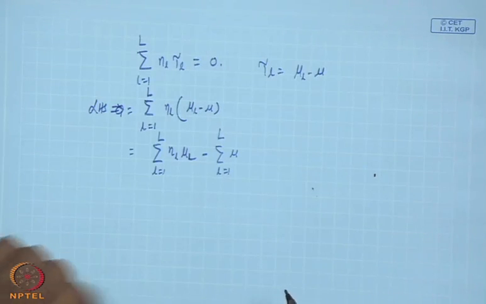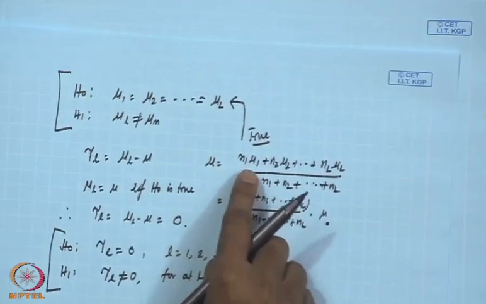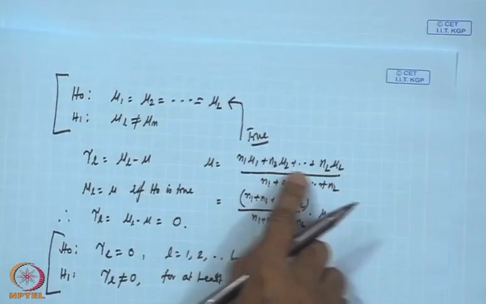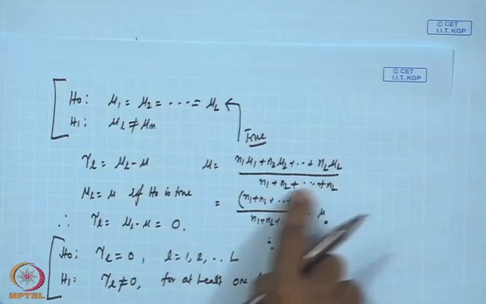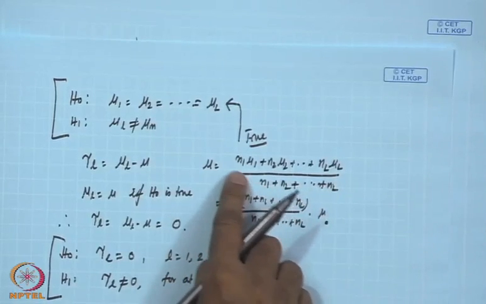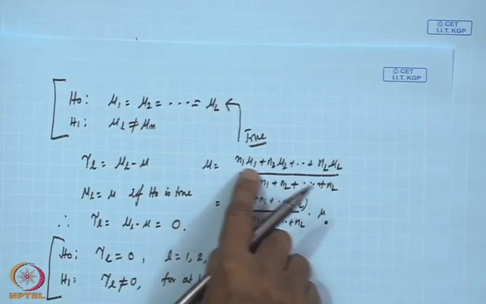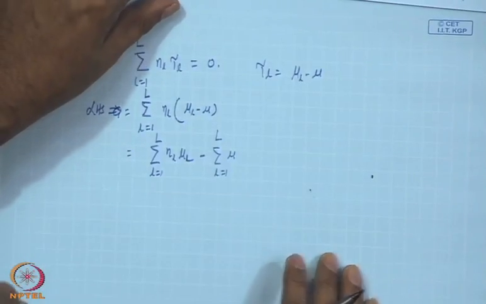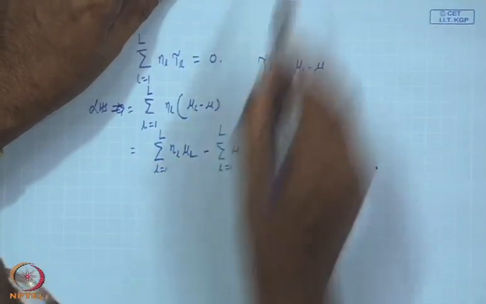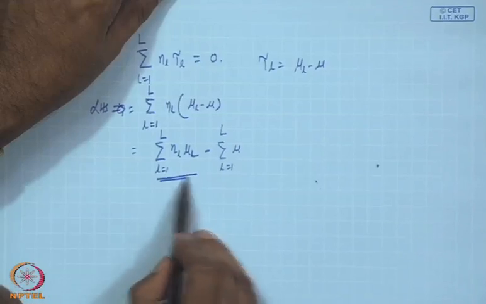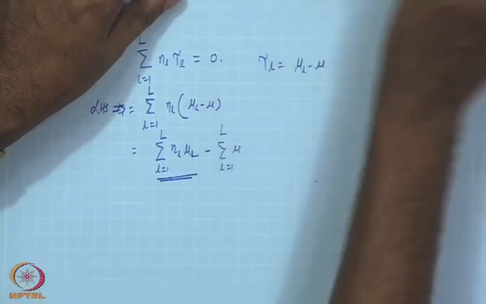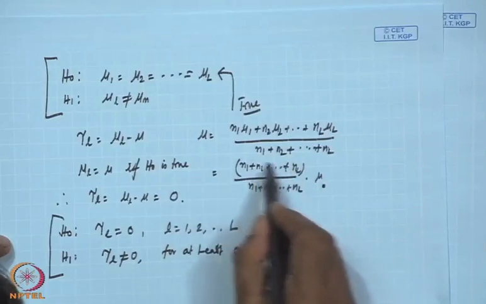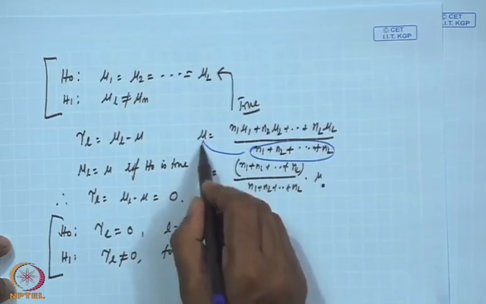So, you have already seen that mu equal to N 1 mu 1 plus N 2 mu 2 plus N L mu L by this. So, that means that the sum of this N L mu L can be written like this, this into this.